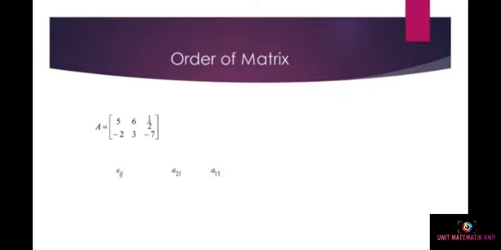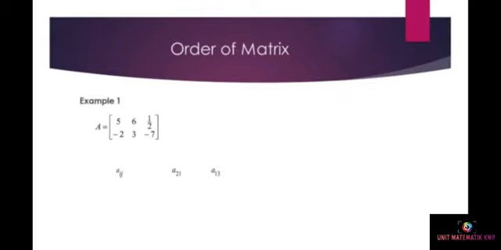Order of matrix. Example 1. Let matrix A equal 5, 6, 1/2, negative 2, 3, negative 7. What is the order of matrix A? There are 2 rows and 3 columns, so the order of matrix A is 2 by 3.